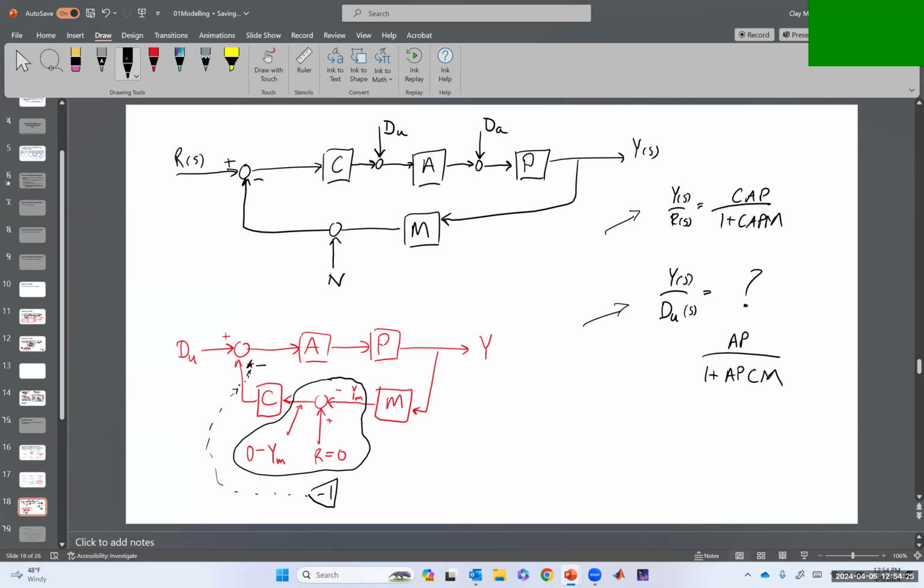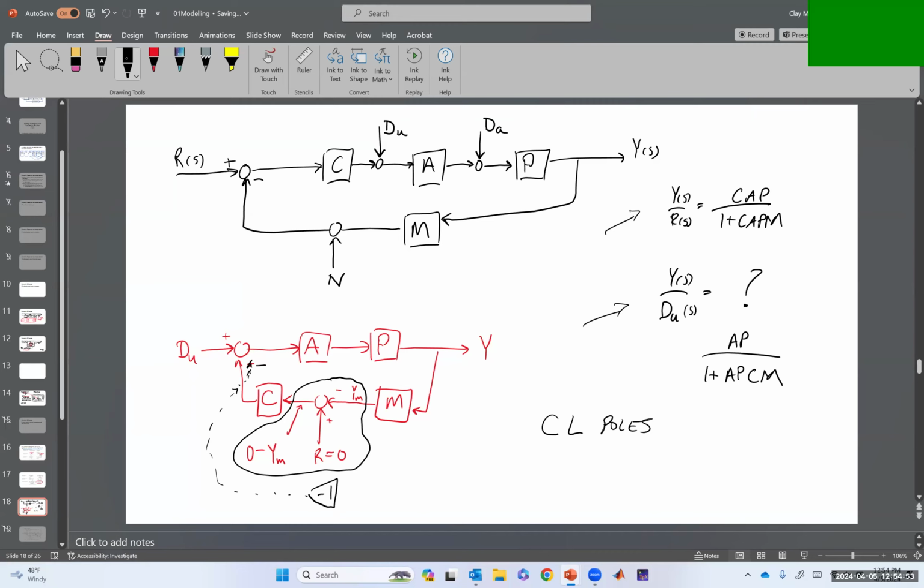So it doesn't matter which input-output pair we're looking at. The poles of a closed loop system are the poles, regardless of which IO pair we're talking about. And that is kind of cool. Closed loop poles just are. It doesn't matter which IO pair we're talking about.